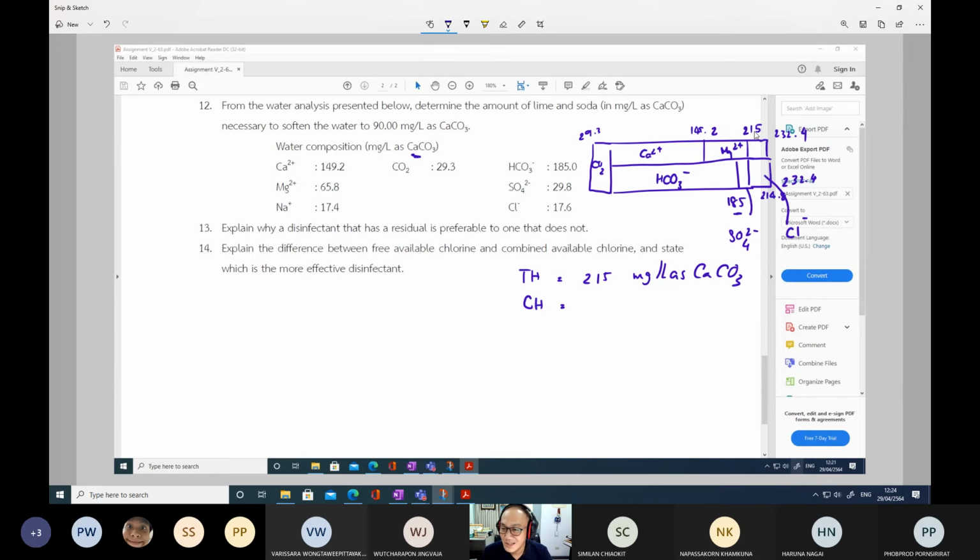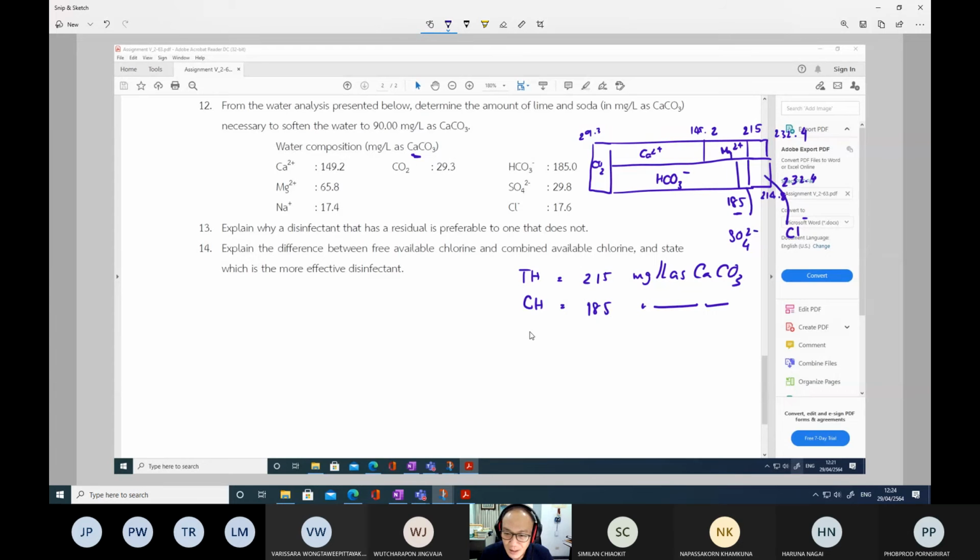So the carbonate hardness in this case equals the alkalinity, 185 milligrams per liter as calcium carbonate.